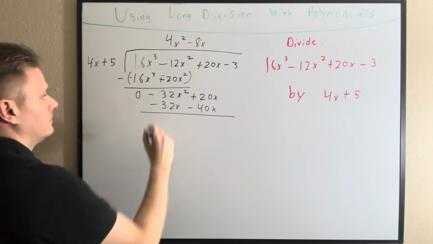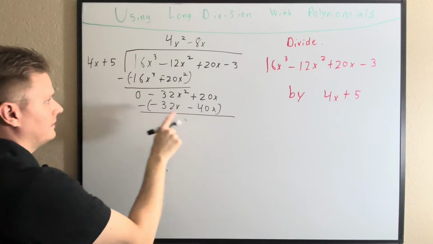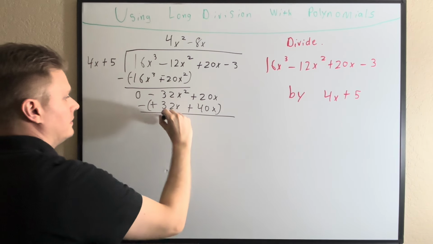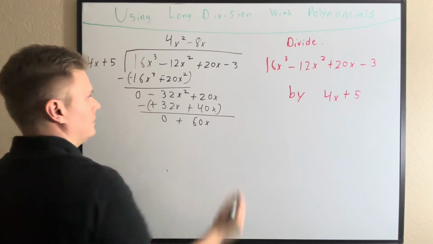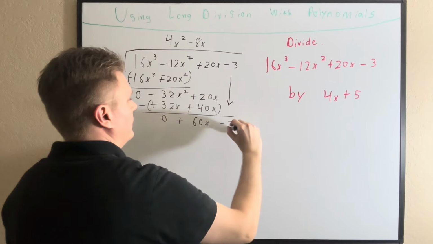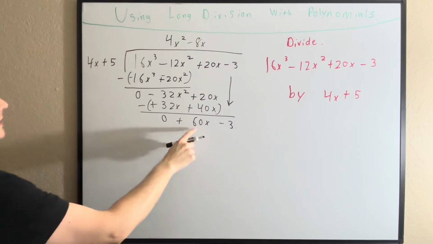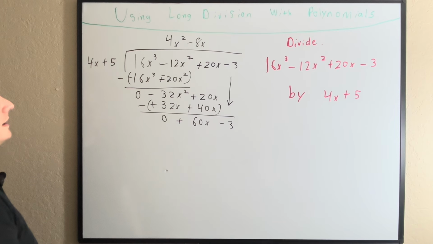All right. We're subtracting that now, right? So that changes the signs. This is 0 plus what? 60x? Okay. If you say so. Minus 3 down now. 4x goes into 60x how many times?